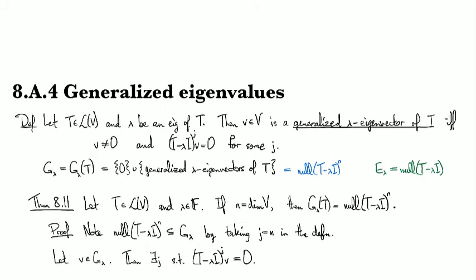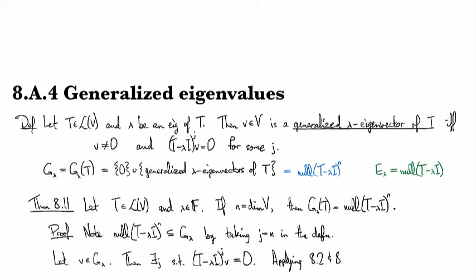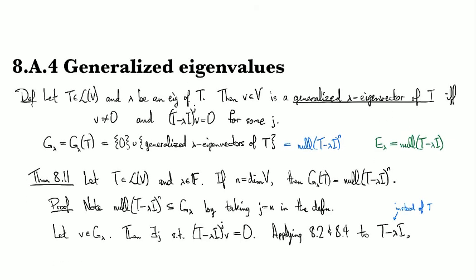Okay, so then if we apply 8.2 and 8.4 to T minus lambda I in place of T, then we get that V is in the null space of (T minus lambda I)^n.